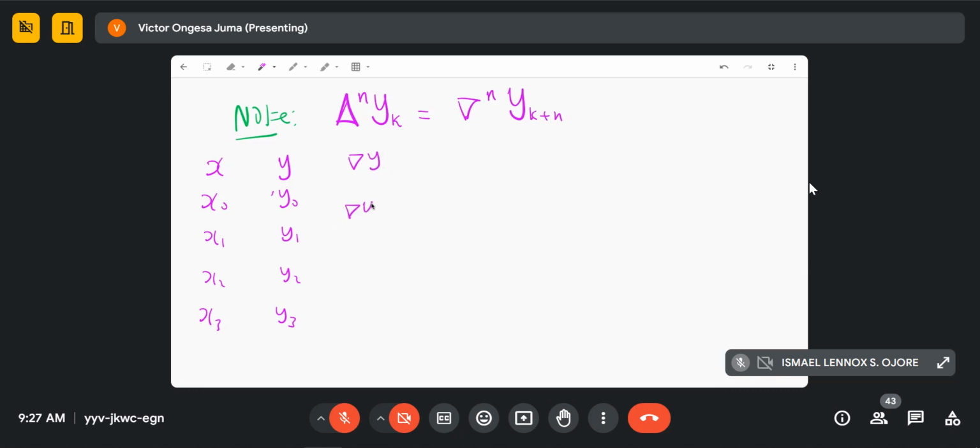So this is the backward difference of y1, of y2, of y3. And this is the backward difference of y2, and this is a backward difference of y3, and this is a backward difference of y3.